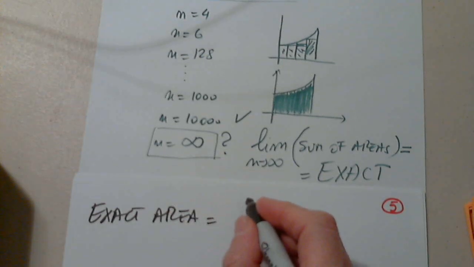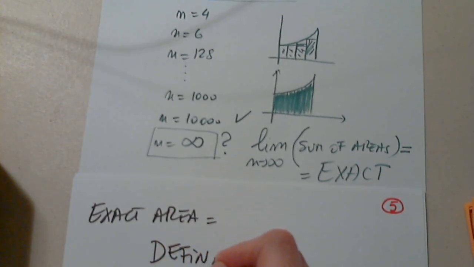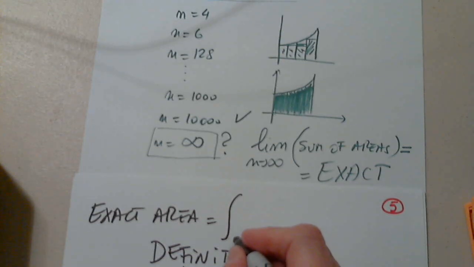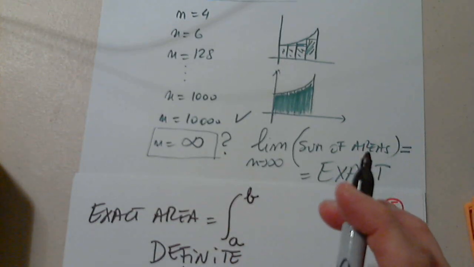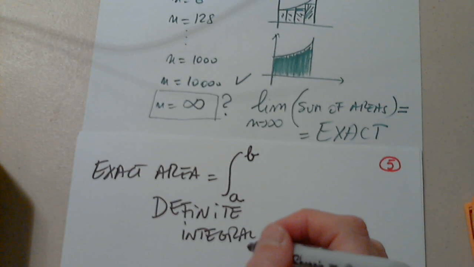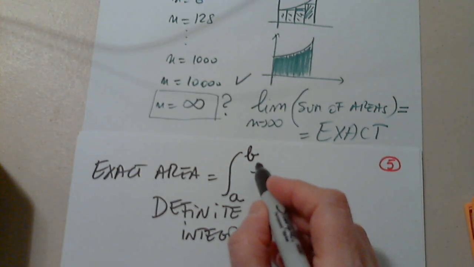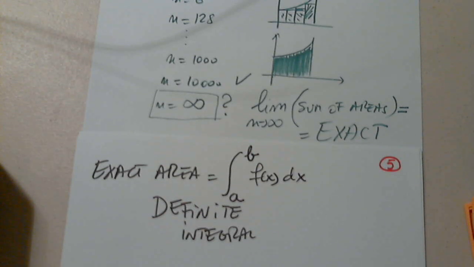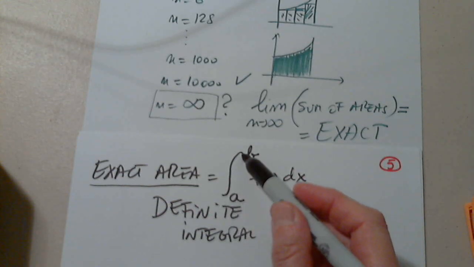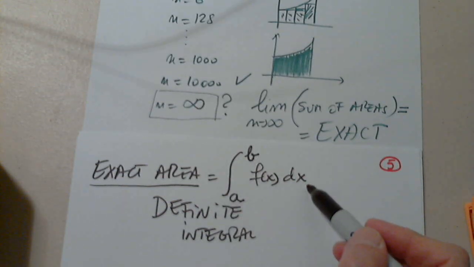The exact area will be the definite, not indefinite integral. The definite integral, why is it definite? Because it clearly says from this to this, definite, not indefinite. It's not the most general antiderivative. So it's the definite integral from a to b of f of x dx.